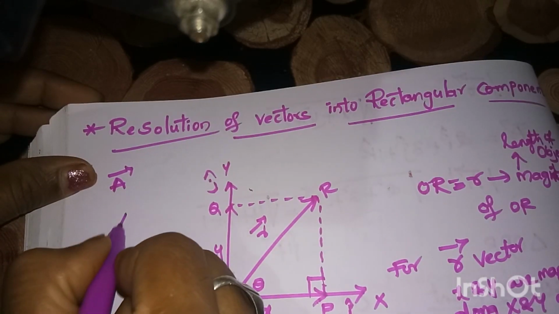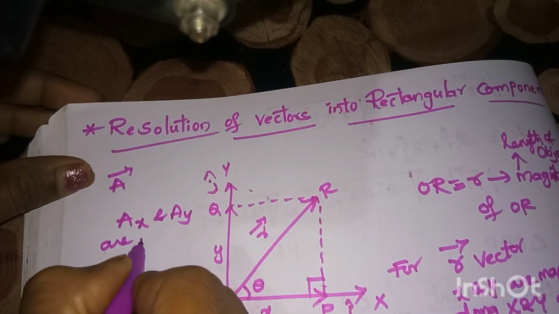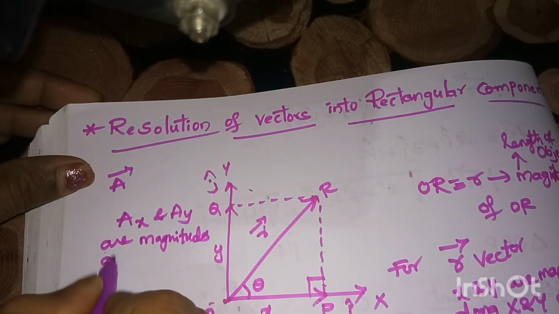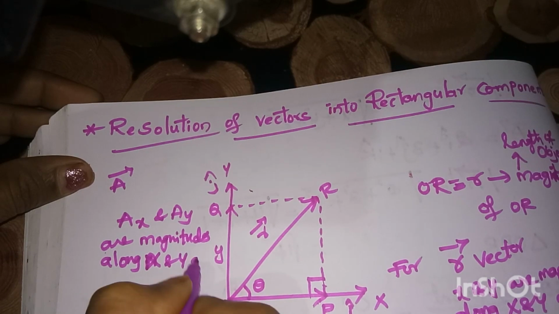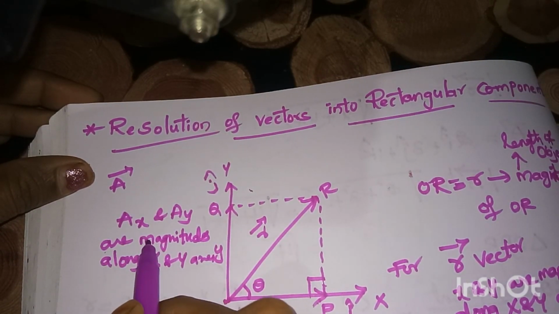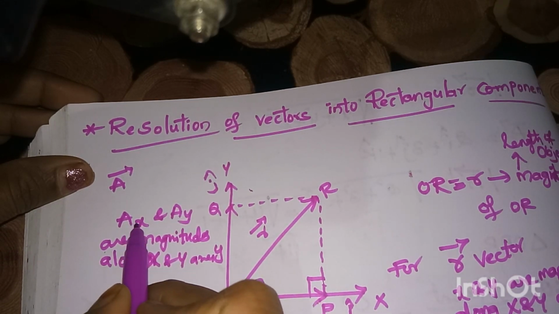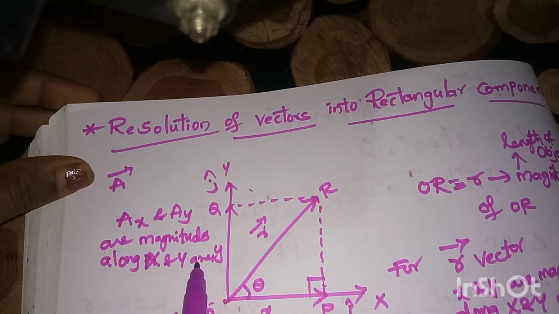So ax and ay are magnitudes along x and y axis. Just remember that a bar is a vector and its magnitudes will become ax and ay, a suffix x and a suffix y. So these are the magnitudes along x and y axis.